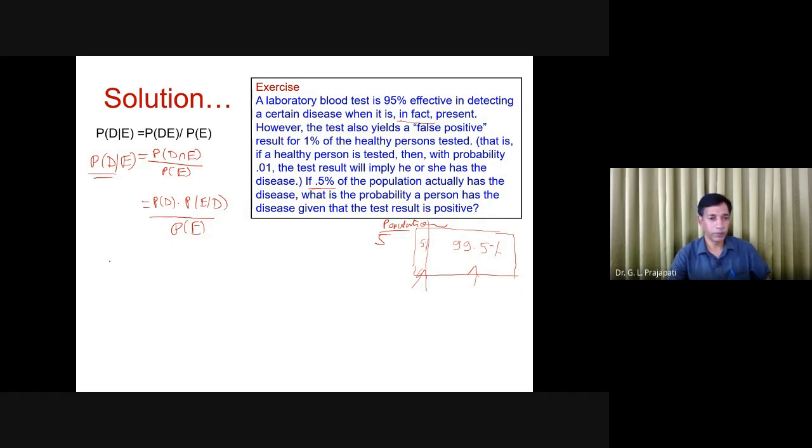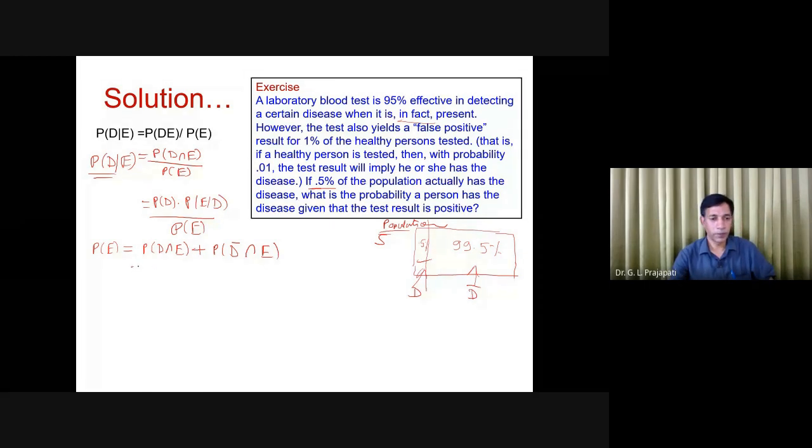Now this you can determine. The probability that the test result is positive can be given through joint probability. So probability of disease and test result positive, plus probability of D complement, where the person is not having the disease. Probability of D complement means the person is healthy, and the test result is positive. Now how can you compute this?